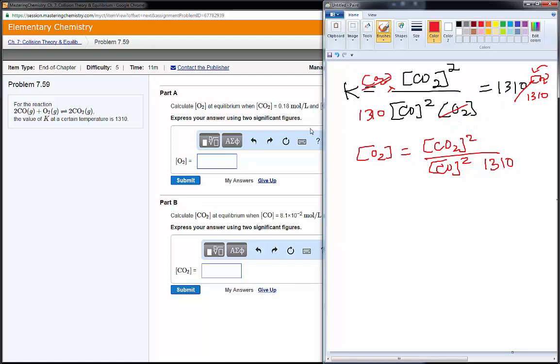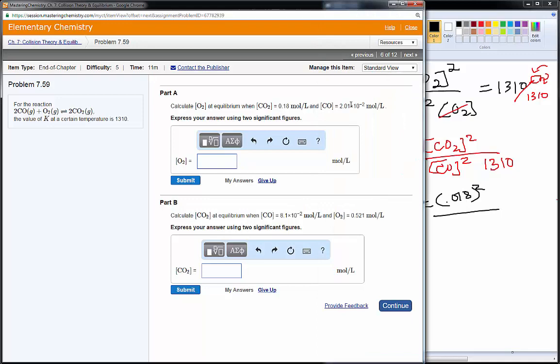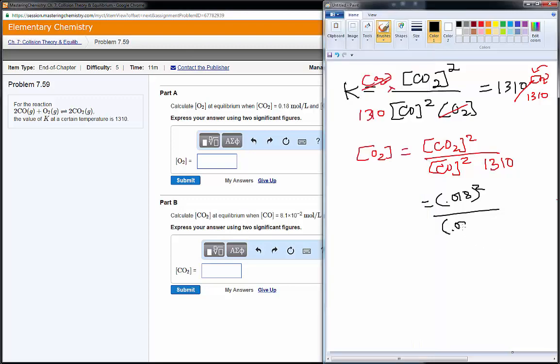Okay. All right, so if the CO2 is 0.018, and the CO is 0.0201, and we get 1310 here. Can plug those in.